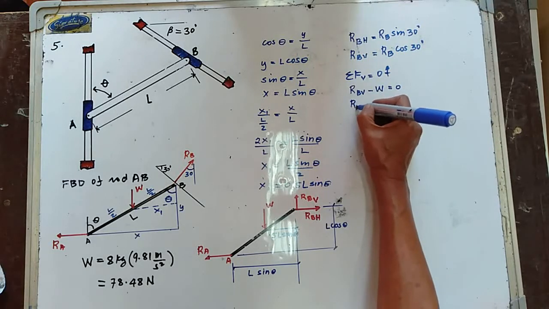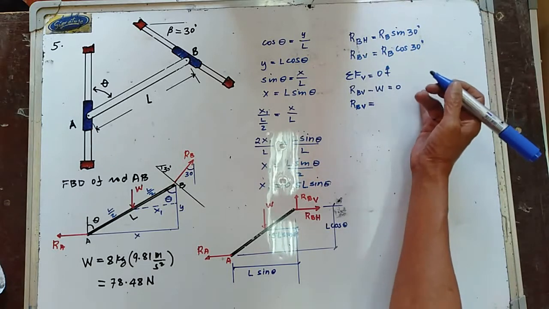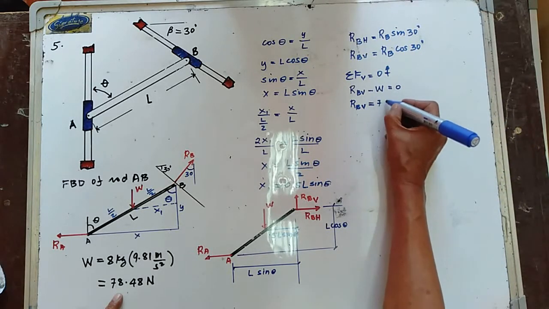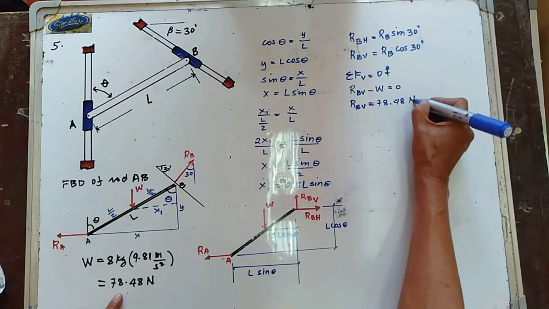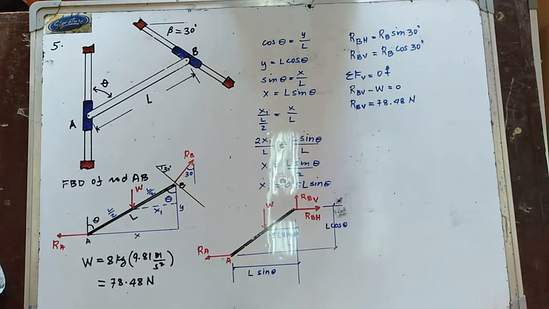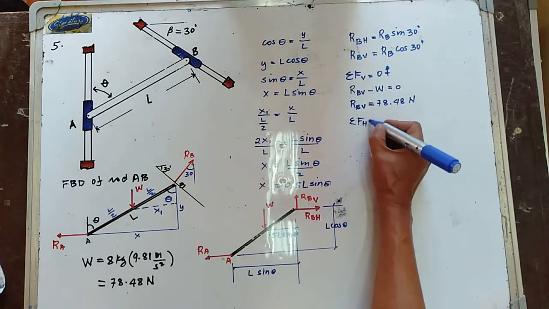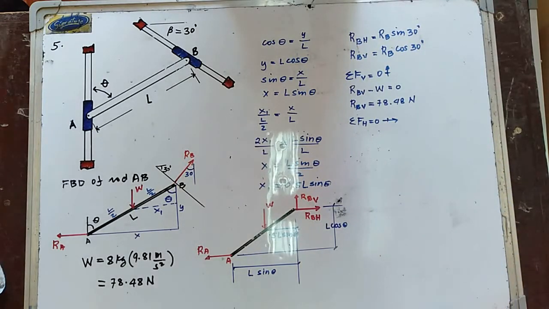So your RB vertical is now equal to, transposing that to the other side of the equation, 78.48 newtons. And then, summation of forces horizontal is equal to 0, with forces to the right positive.